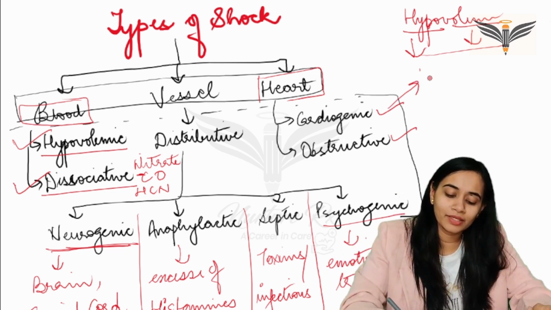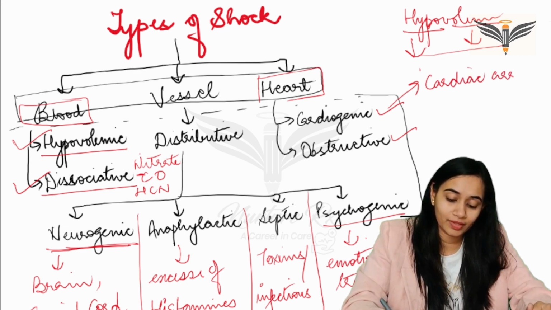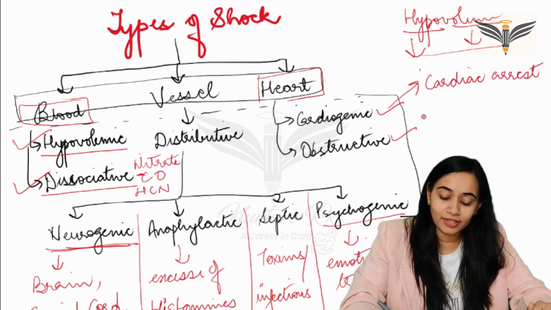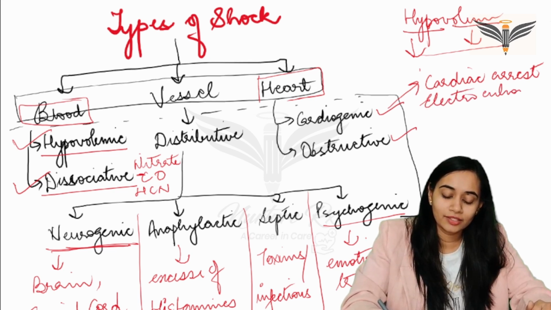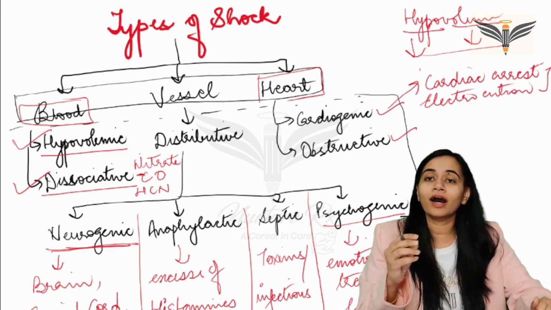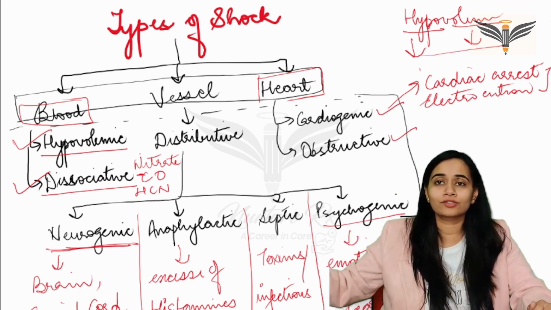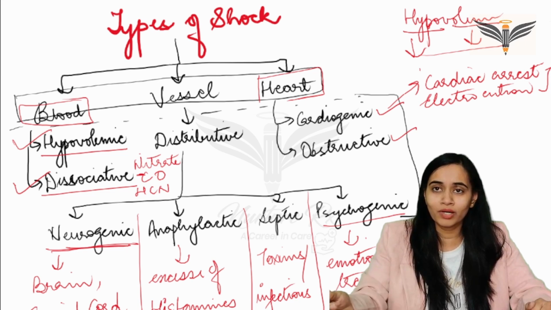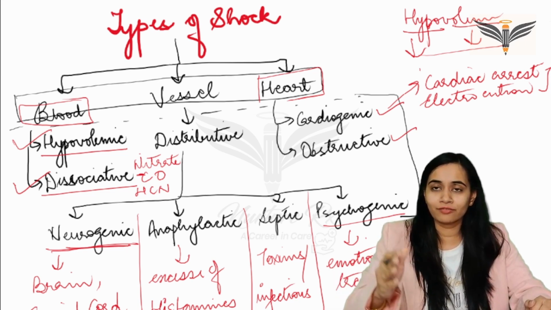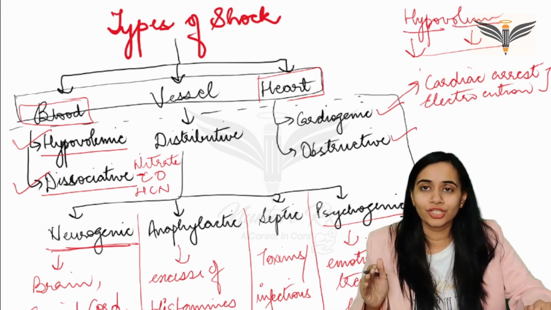When will that happen? It will happen in case of a cardiac arrest, or it might happen in case of electrocution, right? So these are the conditions where the heart will temporarily stop, and once it stops, it's not beating, it is not pushing the blood forward, so there will not be any distribution. Therefore this will be a cardiogenic shock.